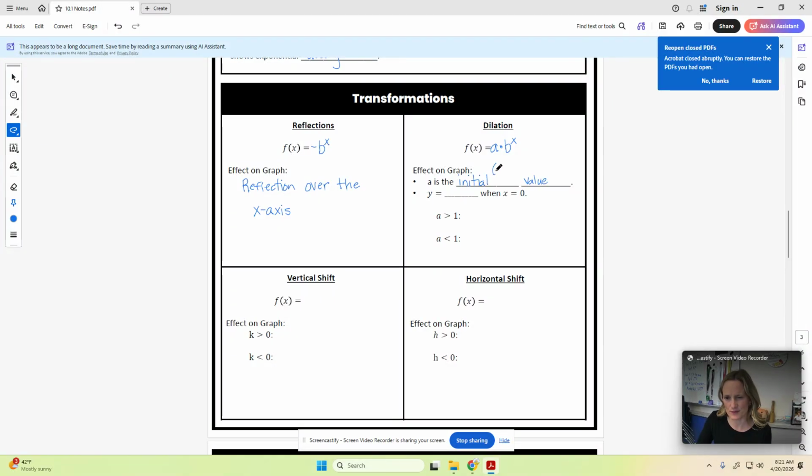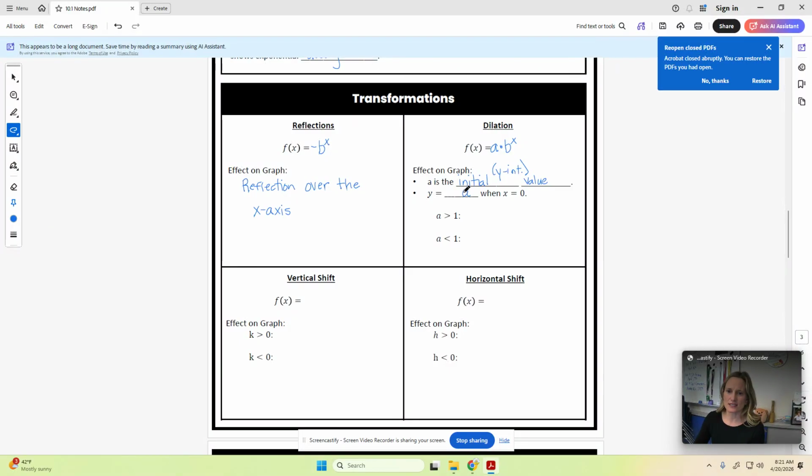The initial value is basically the same thing as the y-intercept, assuming there's been no shifts. And so your y value is going to be equal to a when x is 0. Because whenever we're plugging in a 0 for the x, this part right here is going to become a 1. And so a is going to tell us where it's crossing the y-axis.